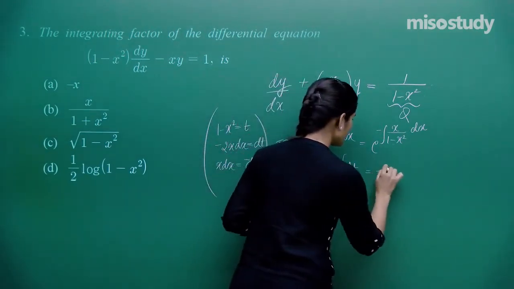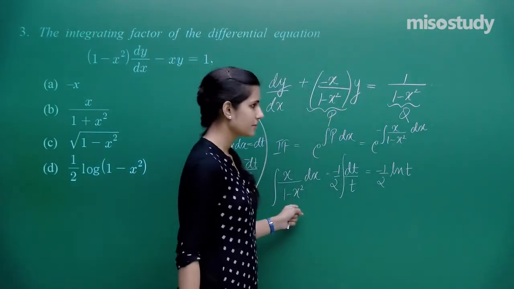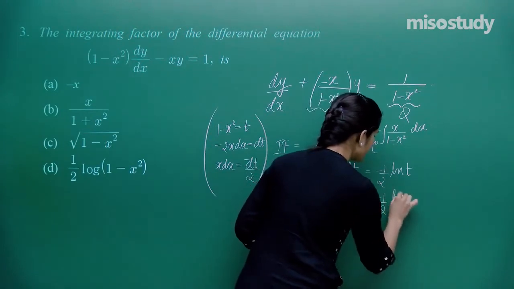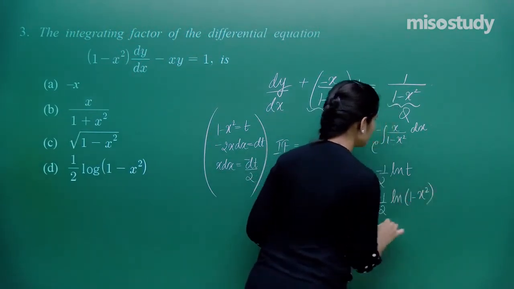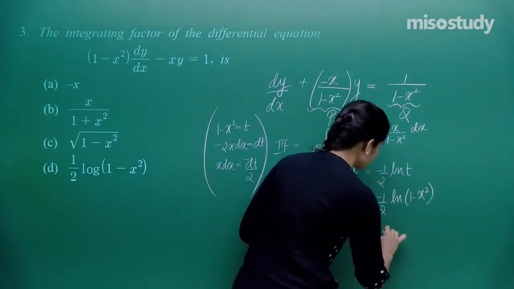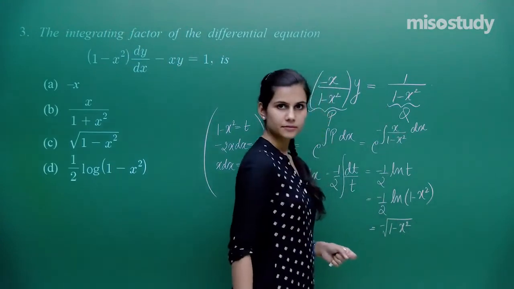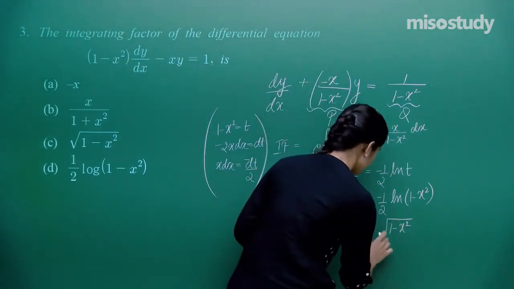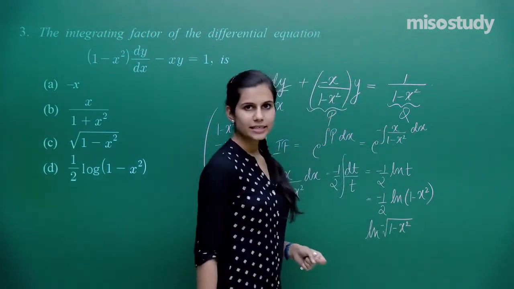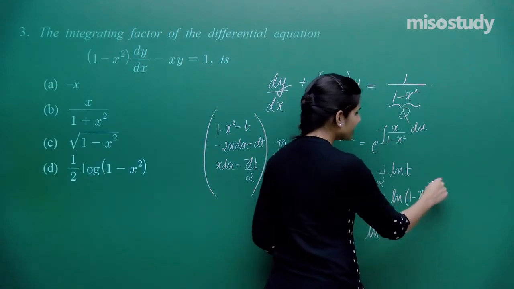So you get minus 1 by 2 ln t, which is minus 1 by 2 ln of 1 minus x square, because 1 minus x square was t. And therefore what is it that you get? You get ln of root over 1 minus x square, because the 1 by 2 is going to go over here.